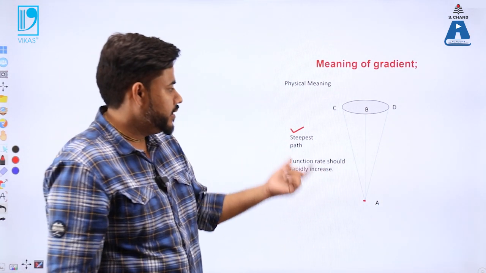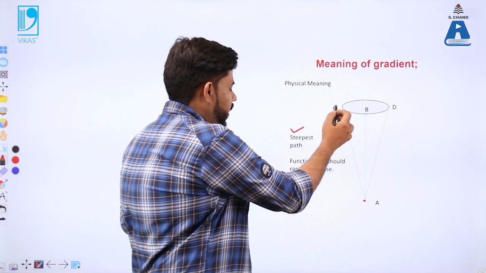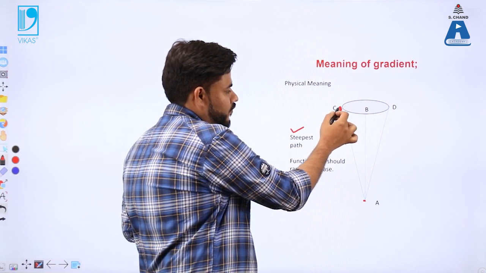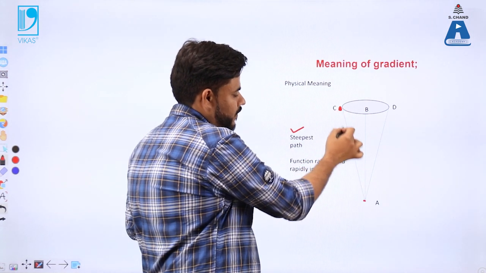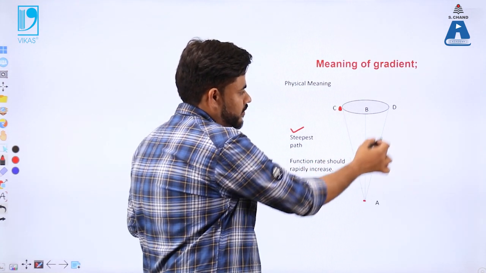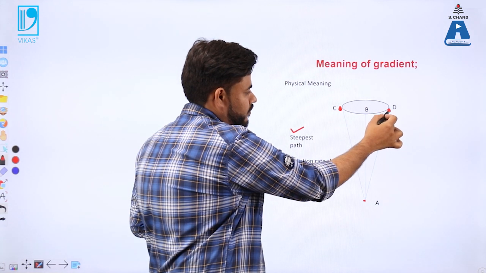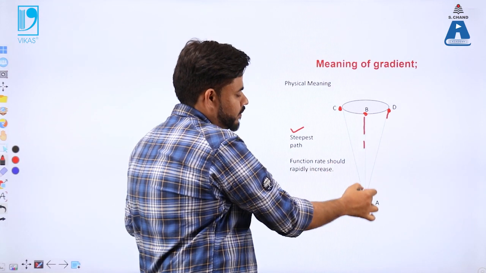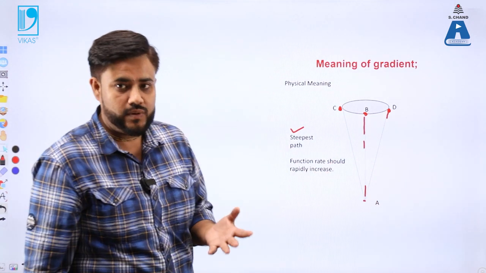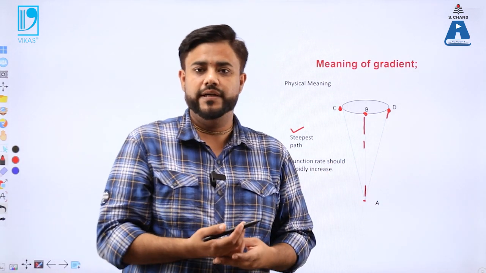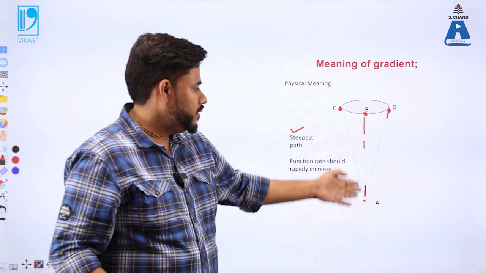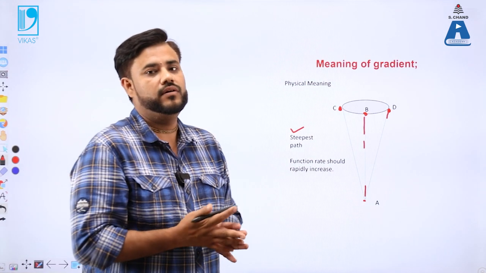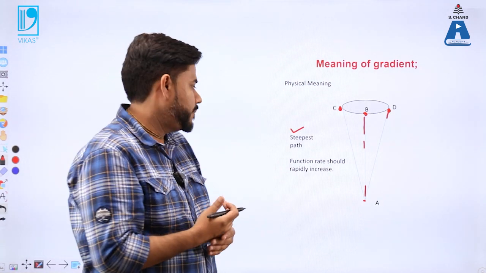In one situation a marble is moved along one path, in the second along another path, and in the third from B to A. The steepest one indicates the gradient. Here the steepest one would be BA, and that indicates the gradient of that function.